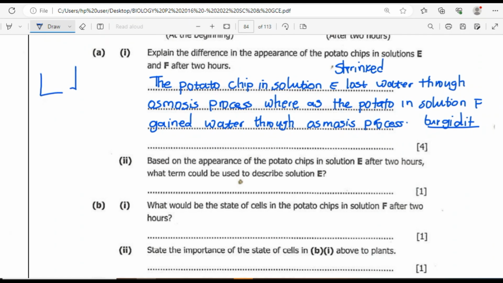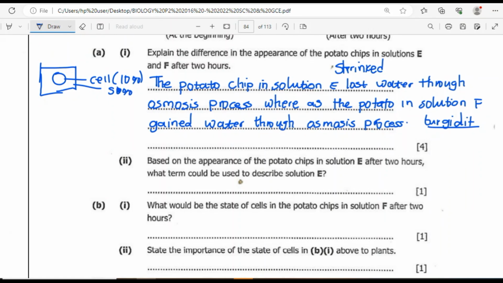So let's say we have a solution here where we have a plant cell. So let's just say this cell. Now we'll say the cell has 10% of salt solution, then the solution has 5%.